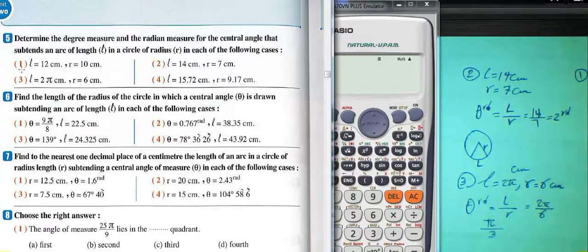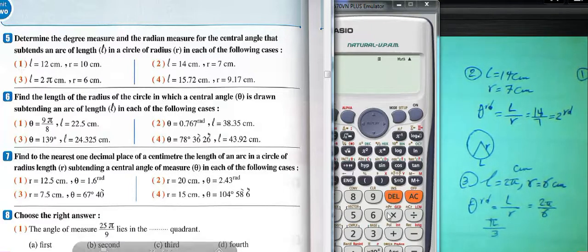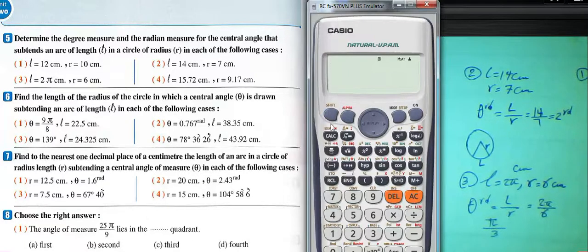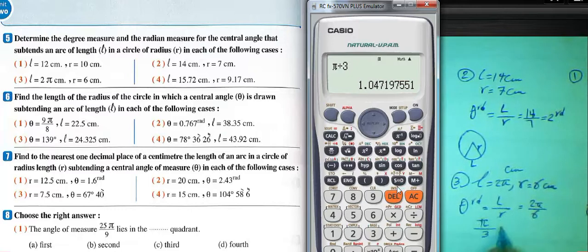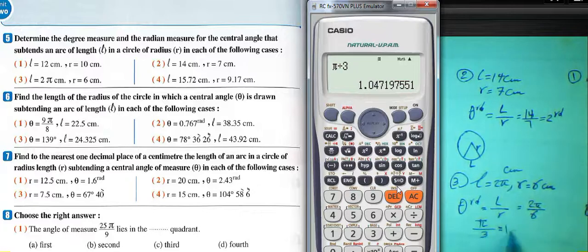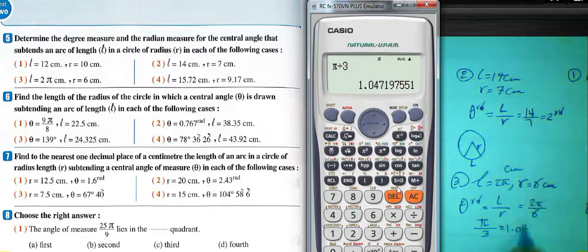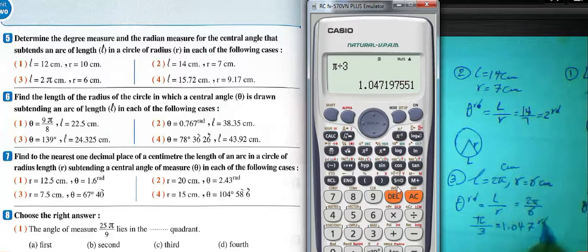You can use a calculator to do it: pi, shift, over 3. The result will be 1.047 radian.